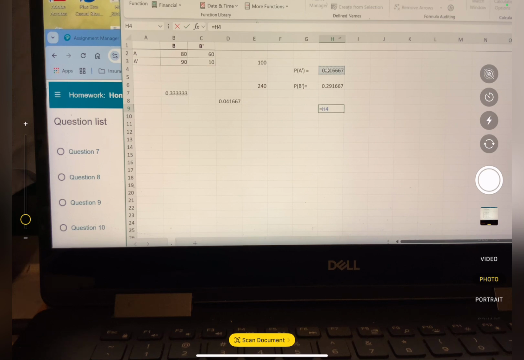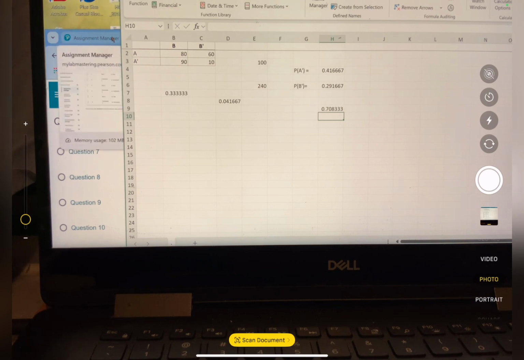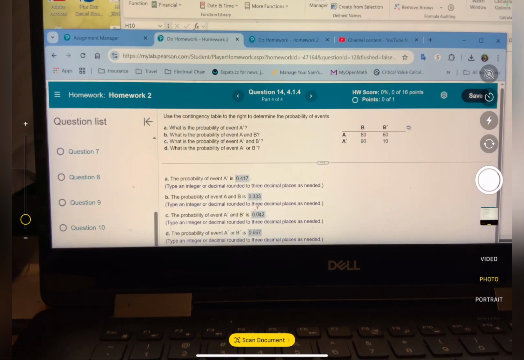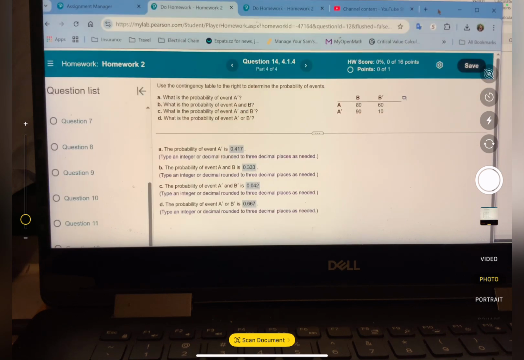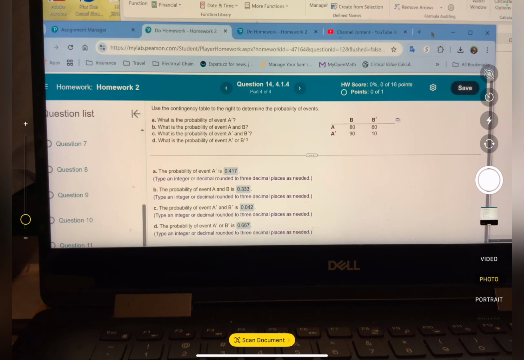And then plus B. Every time you have or, you have to find the probability of each one separately and then add them up. So let's see what we got here. We got 0.708, 0.667. Let's see what is wrong here.